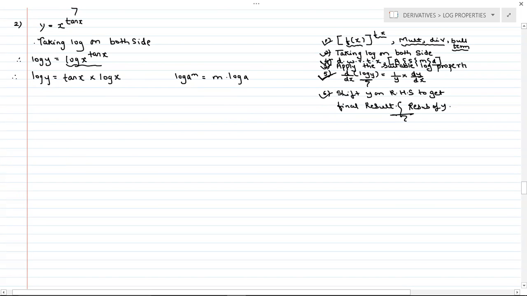Then after that, third, apply the suitable formula. Then after that, take the derivative with respect to x. So we have to find the derivative now.